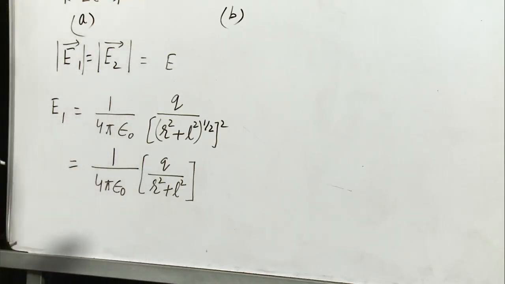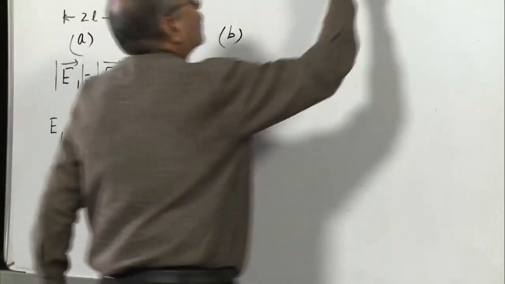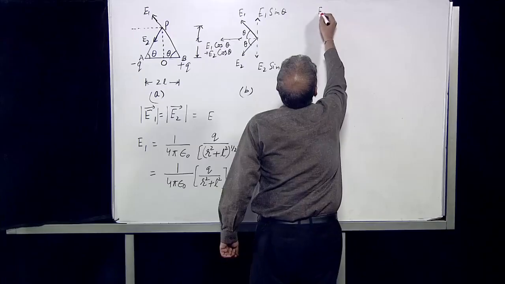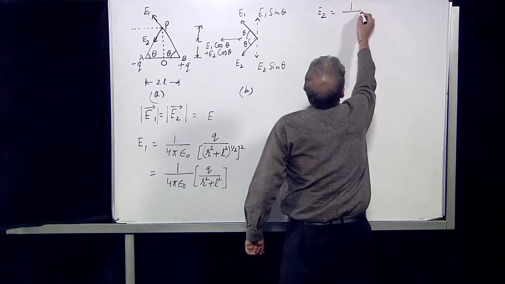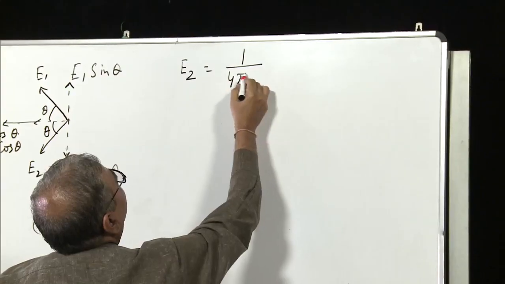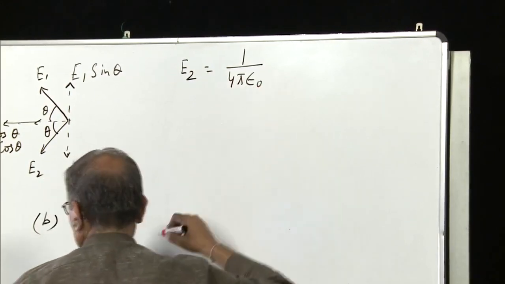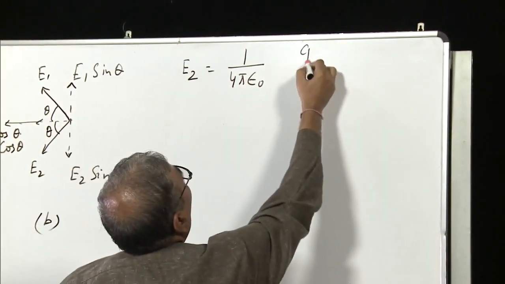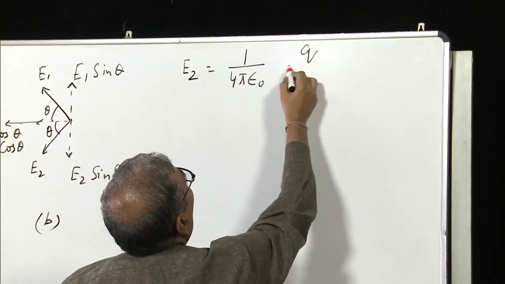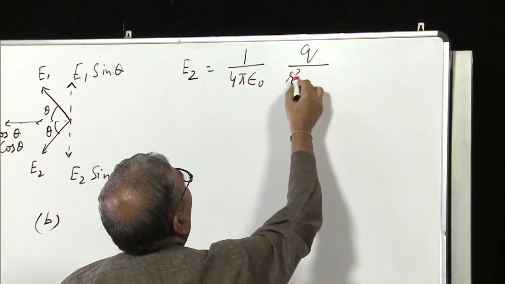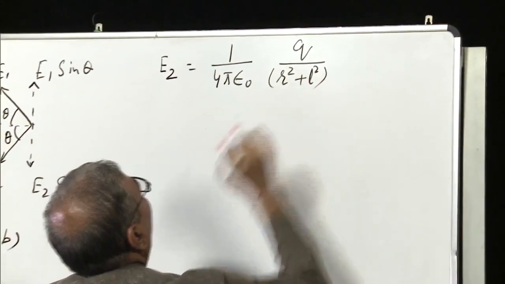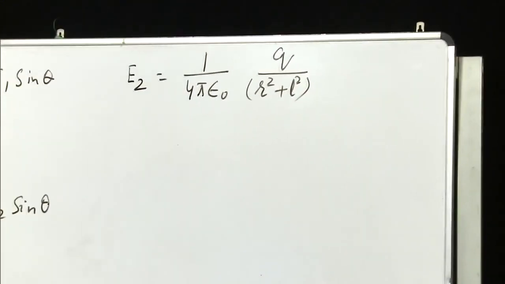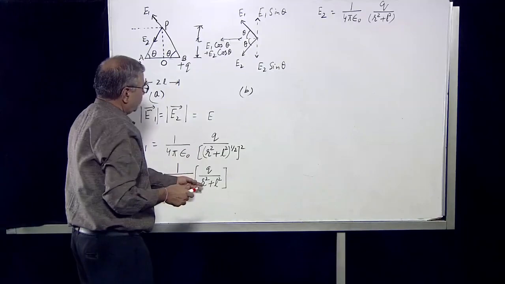Similarly, expression for E2 is equal to 1 upon 4 pi epsilon naught q upon r square plus L square, because why we have taken r square plus L square?